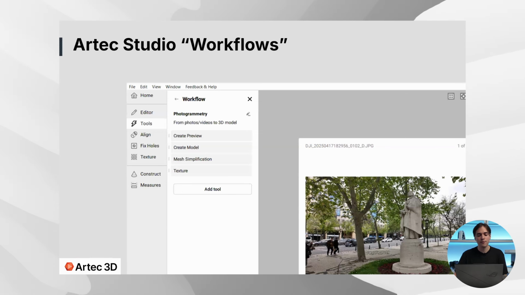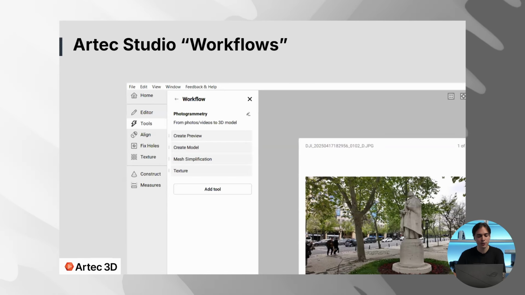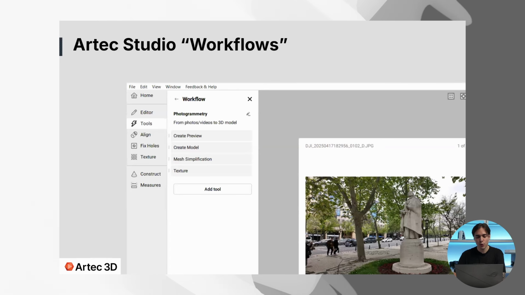The photogrammetry workflow is predefined in Artec Studio, but you can even create your own ones. So all you have to do after importing your data is running this workflow, and then you will get your 3D model with just a single click of a button.